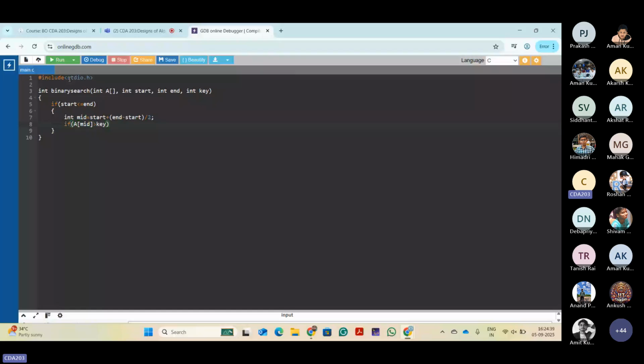If it is greater than the key, then you just call the same process, binary search on A with start the same and end now mid minus 1, because you have to search in that portion, and the key.